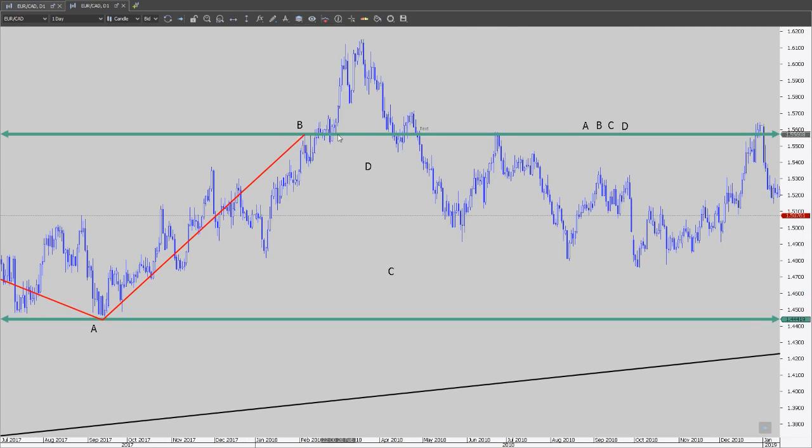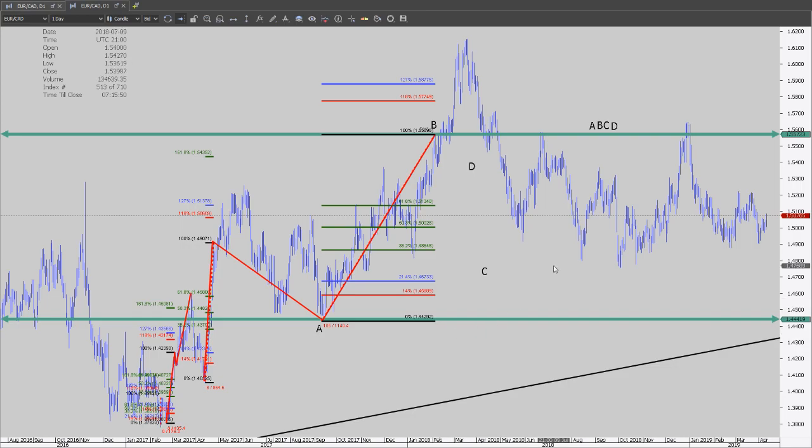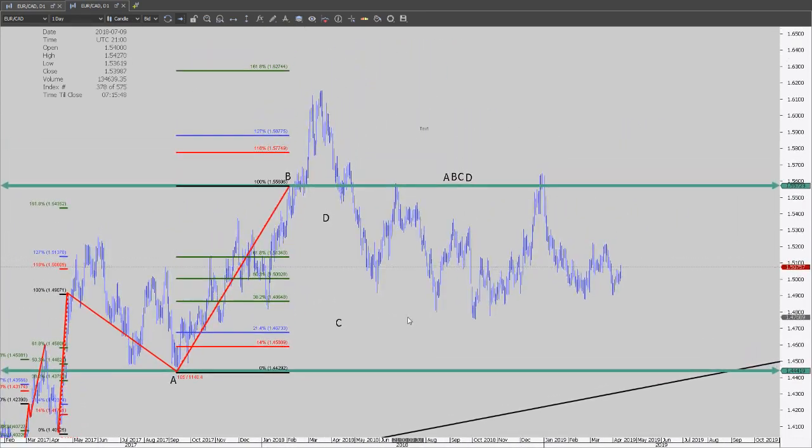Okay, and let me see, Fibonacci retracement. So this is our new Fibonacci swing, and we are here right now. Now EuroCAD, we are in an up ABCD. So this market, this currency pair, according to the Fibonacci, should go up, from the daily chart.